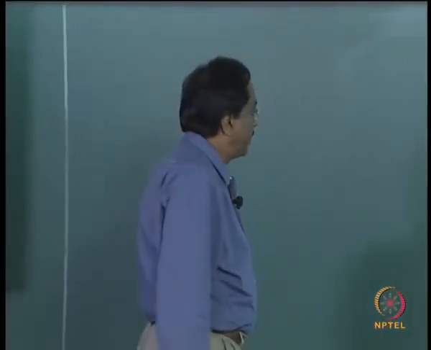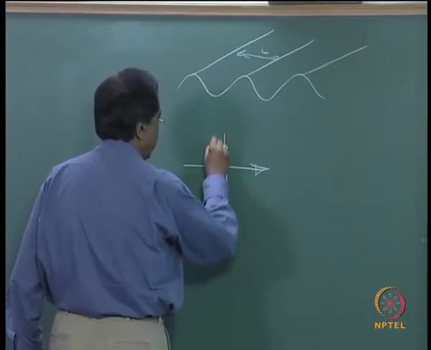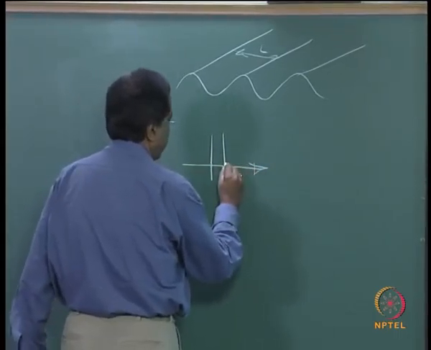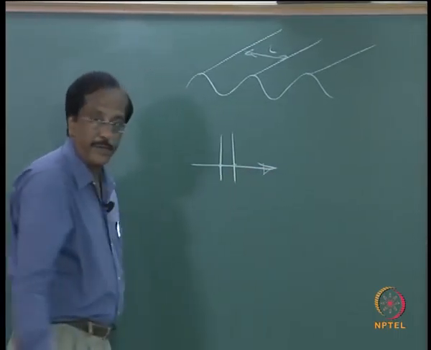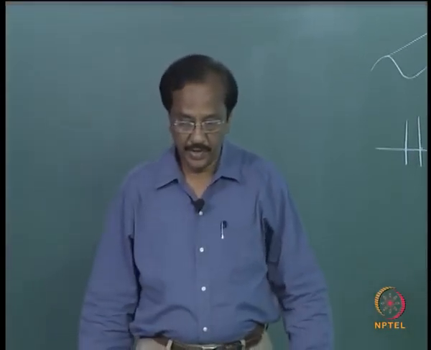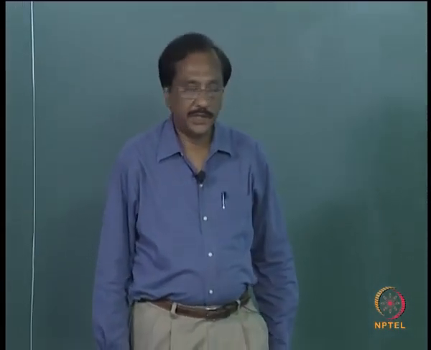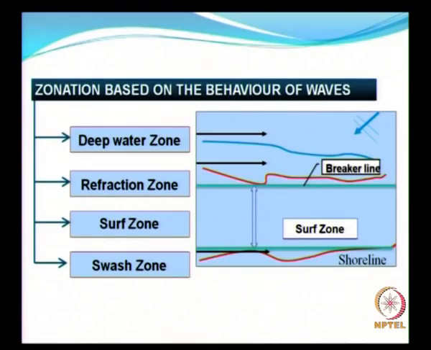Normally when you want to represent waves, you represent like this. This shows the direction of wave propagation, and these are the wave fronts or the wave crests. So, in deep waters the wave crests are parallel to each other.